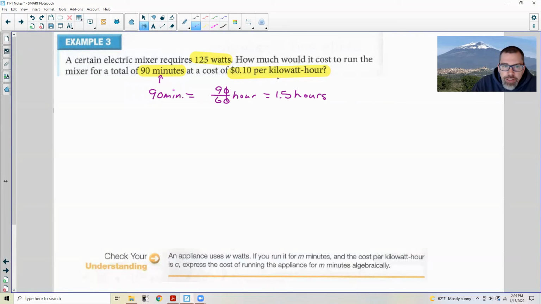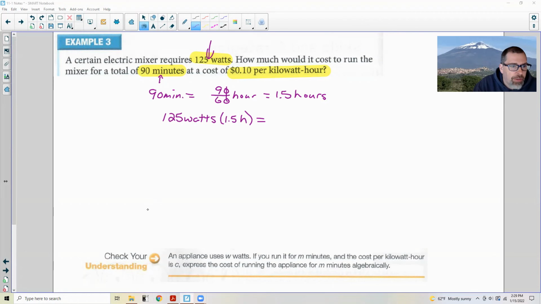So then it says to find the watt hours. So we have 125 watts for this length of time. So we're going to take that 125 watts and multiply it by 1.5 hours. And that is going to equal, 125 times the 1 is 125, and a half of 125 is... Let's just use the calculator.